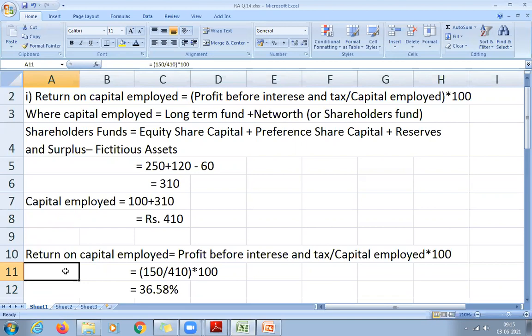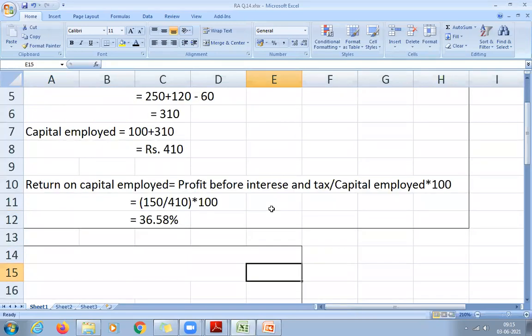Yeah, so whatever capital they have invested, 410 is the capital they invested, and the profit they got is 150. When you calculate the ratio, it is 36.58%. So shareholders are going to get 36.58% if they invest in this particular company.